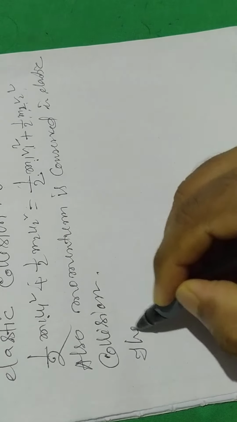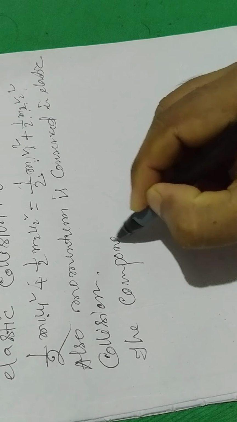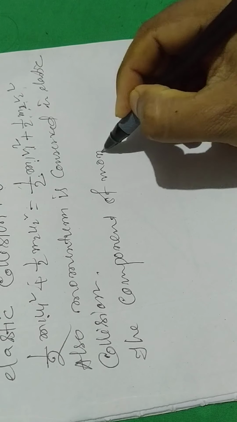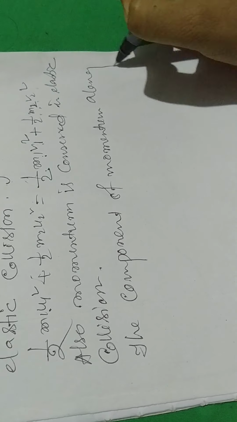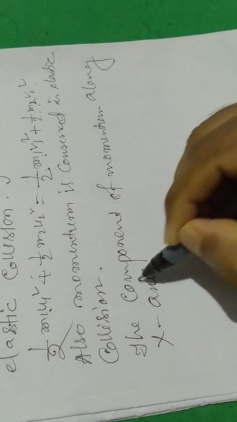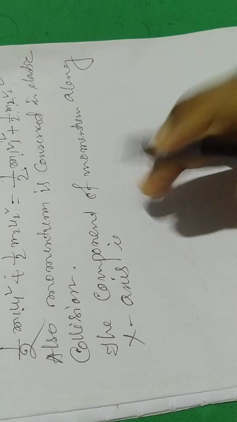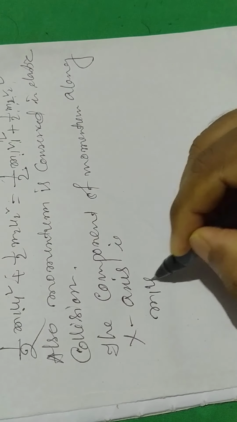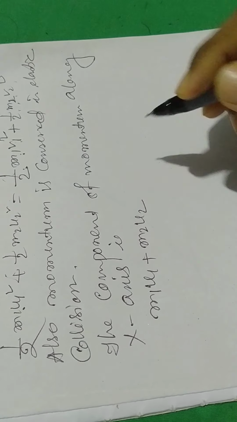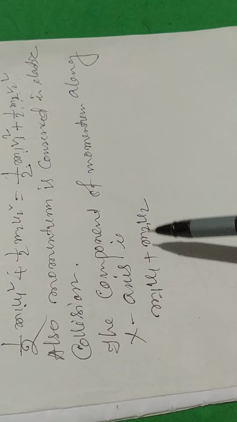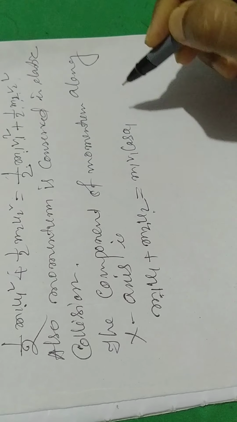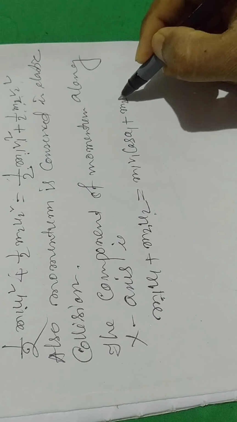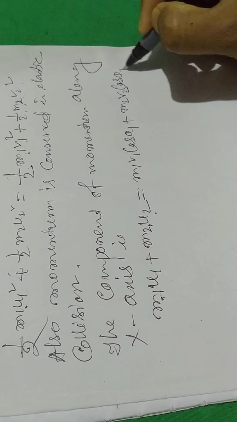Let us write first the component of momentum along the x axis. m1 u1 plus m2 u2, the total momentum before collision along the x direction, equals m1 v1 cos theta 1 plus m2 v2 cos theta 2.